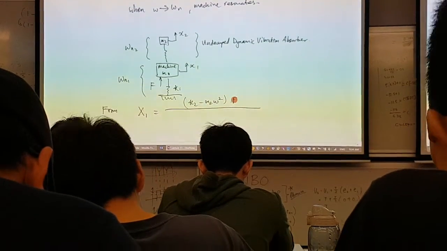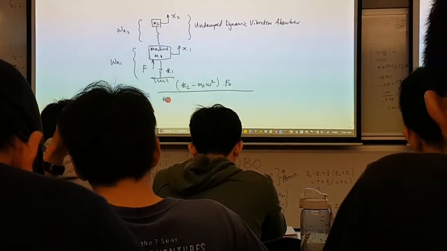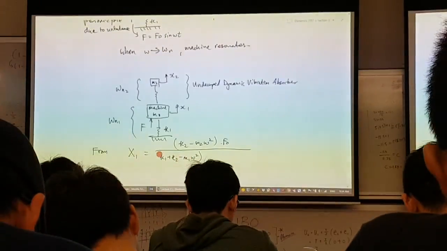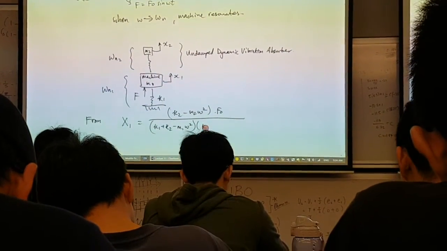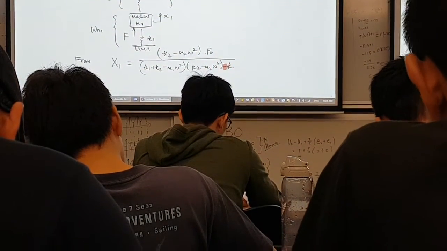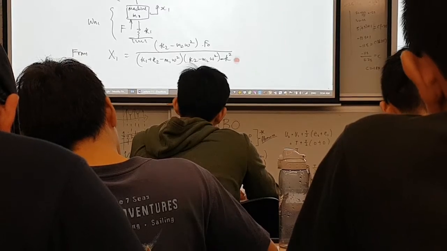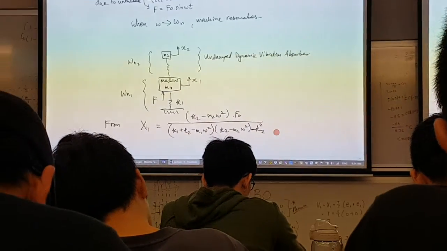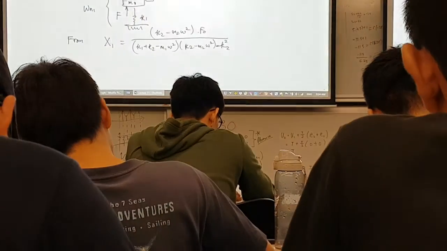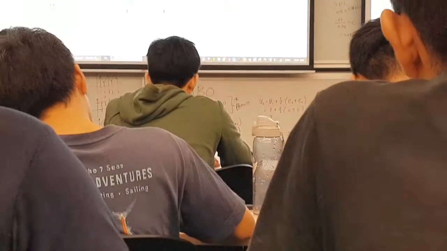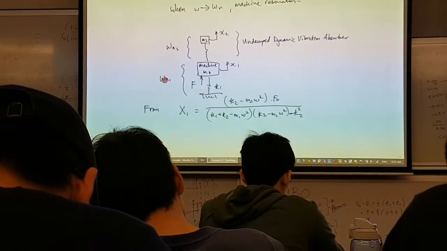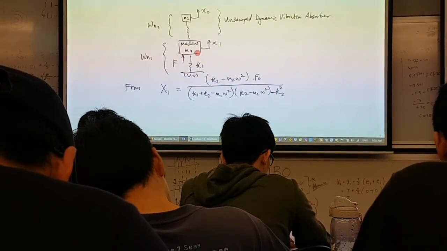It's multiplied by M prop, and then the determinant. We solve this already, meaning K2 minus M2 omega squared, minus K2 squared. So, just now we were saying that if we hit this machine at the resonance frequency of omega N1, then it will resonate.